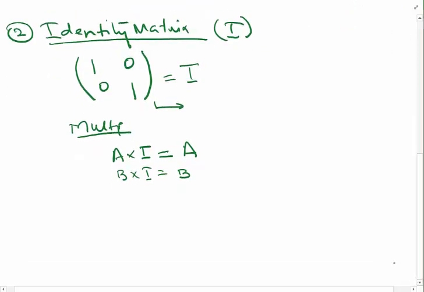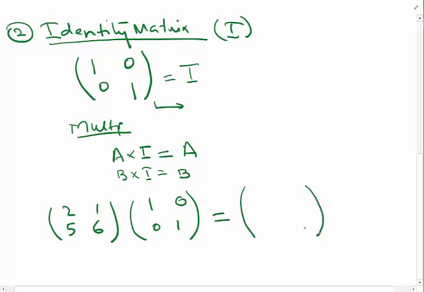Alright, so let's suppose we have one matrix 2, 1, 5, 6, and we are required to multiply this matrix with identity.